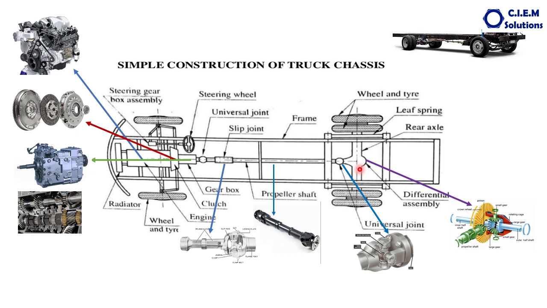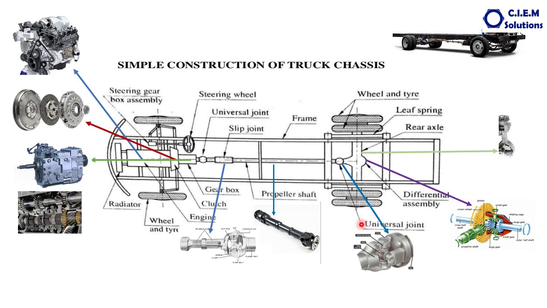To create this difference of speeds between the inner and outer wheels while negotiating a turning, the differential does that job. That mechanism I will explain in the coming video.